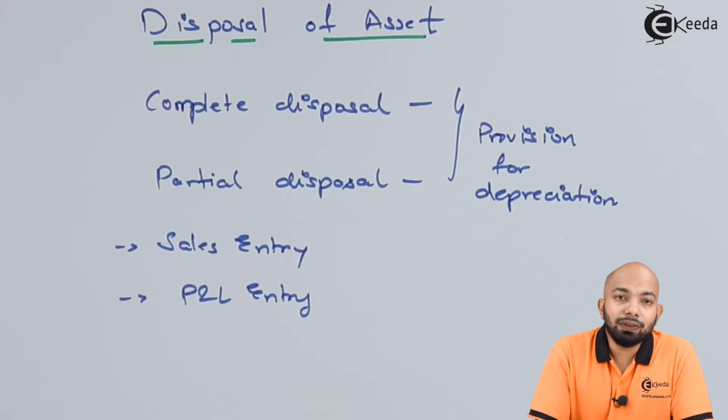So if a specific asset is dependent on some other asset, there is a possibility of partial disposal if one of the assets becomes obsolete or is not in working condition. Hence, we replace that part, that partial asset, and get a new one in its place.